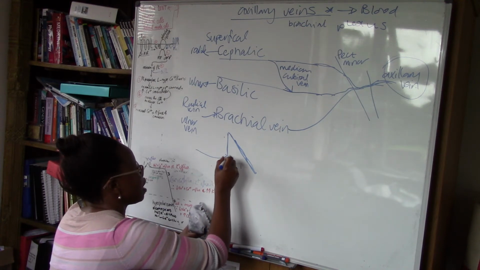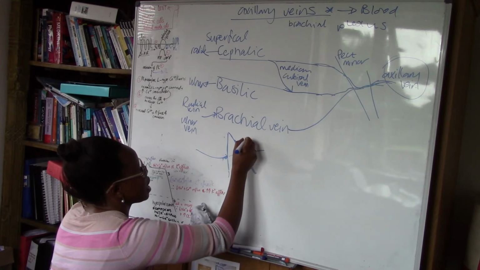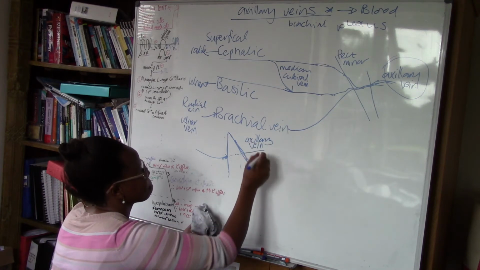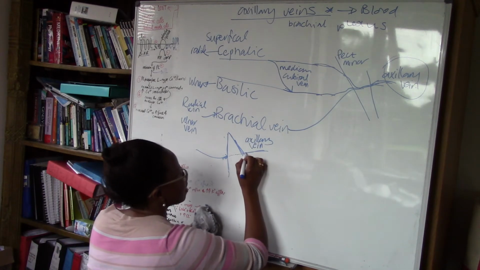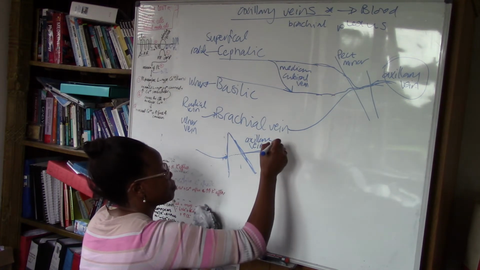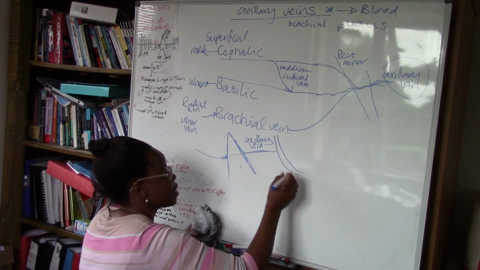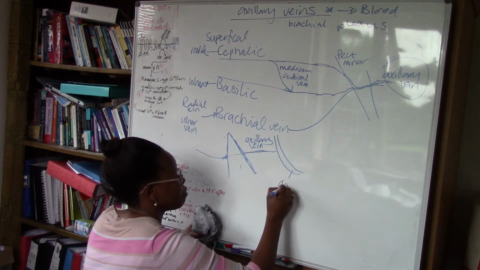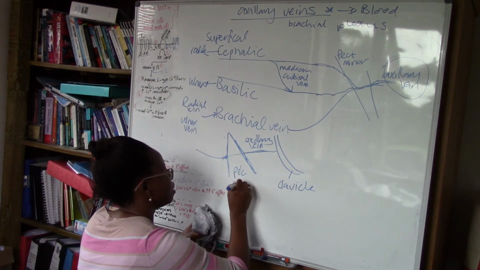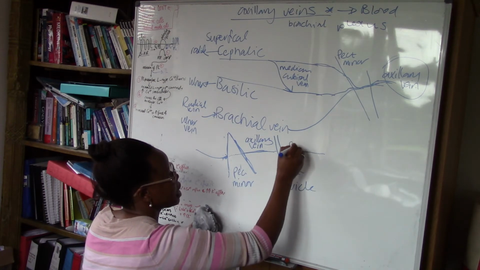And then they run under pectoralis minor, and as they emerge, they are now the axillary vein, and they proceed towards the neck and run under the clavicle. So this will be the clavicle, and this is pec minor. So they run under the clavicle and emerge as the subclavian vein.